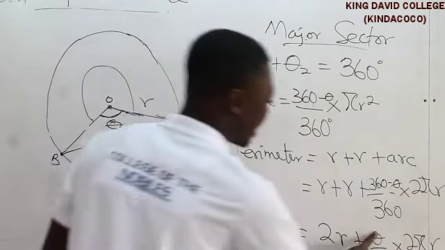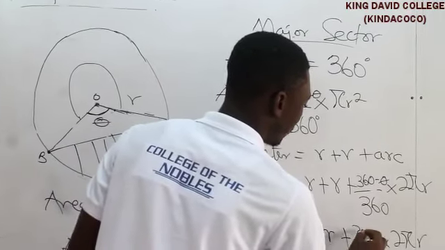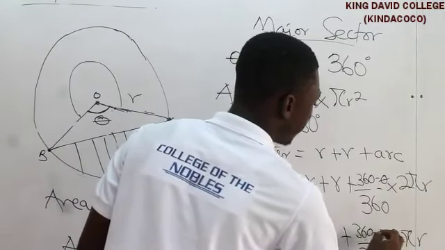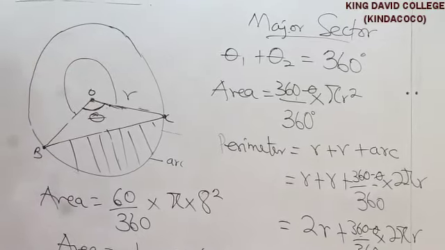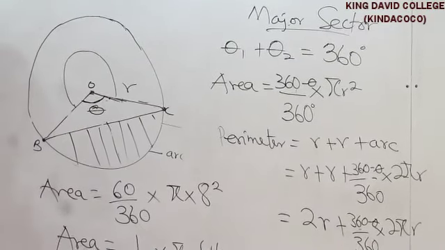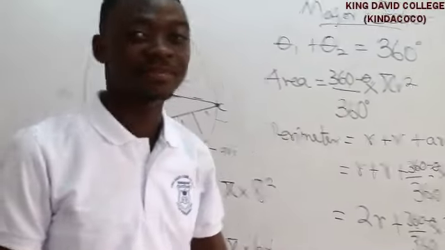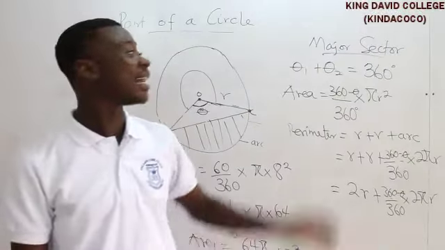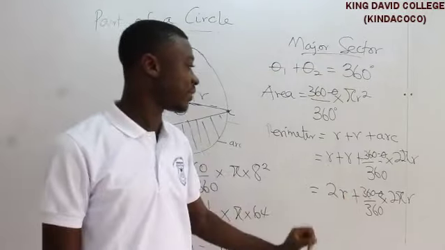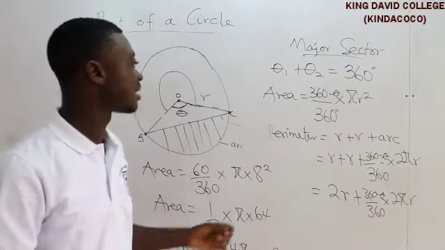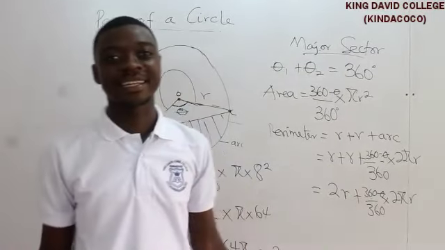And that is the end of the major sector as well. So there is no major difference between major and minor sector. The only difference is just the angle.